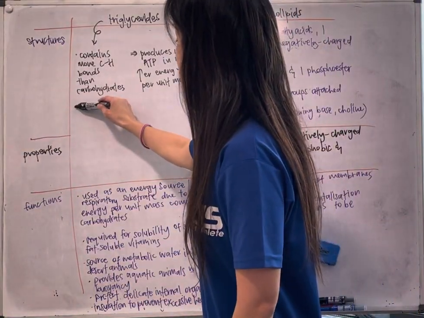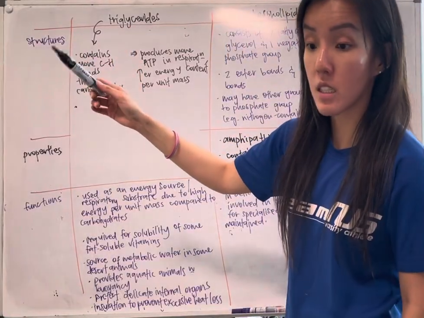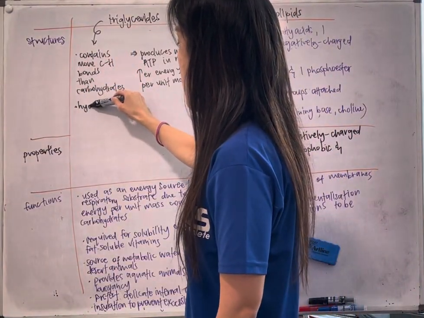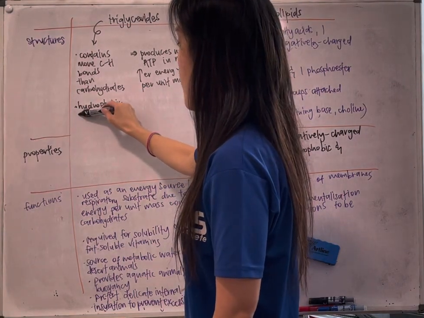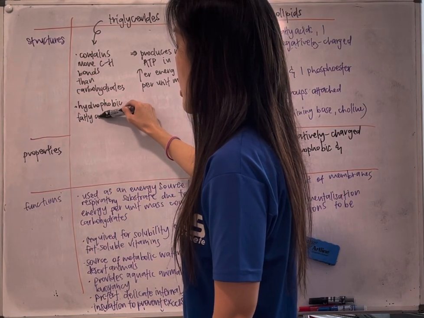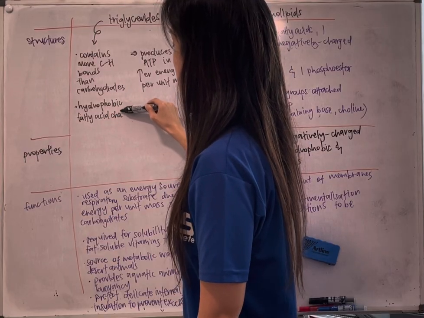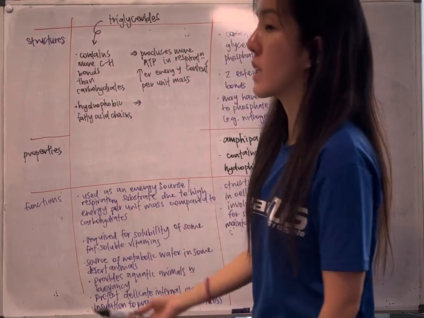The second structural feature we need to take note of for triglycerides is that it must be hydrophobic. What confers that hydrophobic nature? The hydrophobic fatty acid chains. Why is it important?